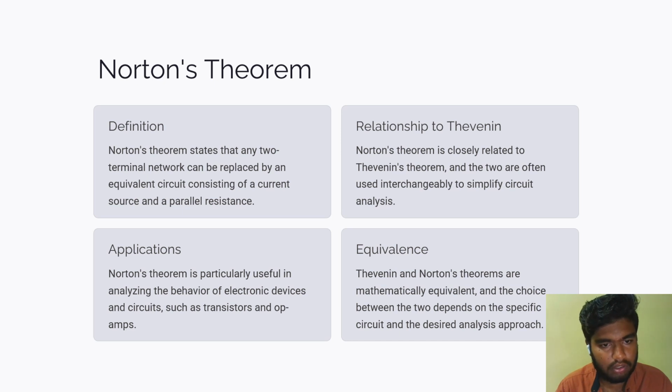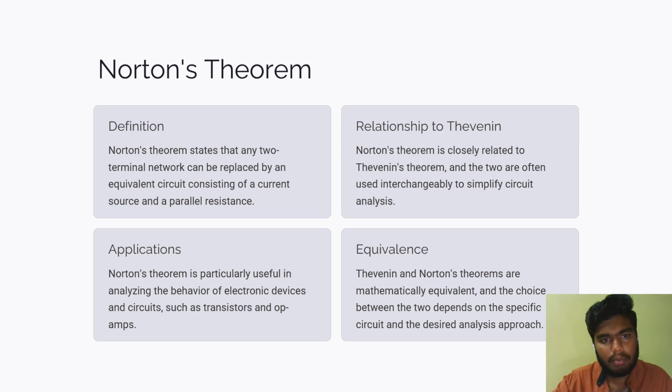Norton's theorem is particularly useful in analyzing the behavior of electronic devices and circuits such as transistors and op-amps. Thevenin's and Norton's theorems are mathematically equivalent, and the choice between the two depends on the specific circuit and the desired analysis approach. So this is all about Norton's theorem.